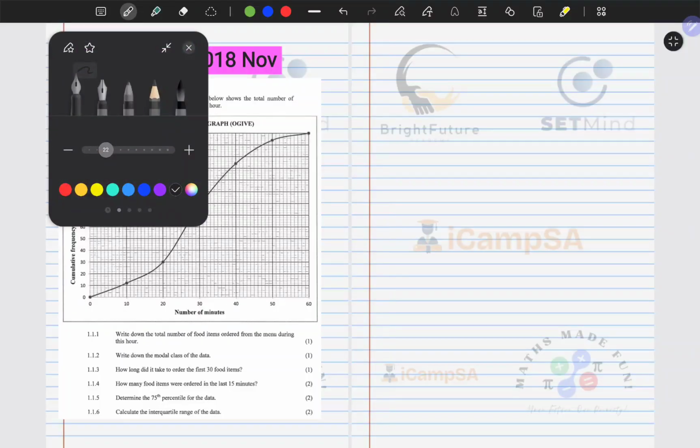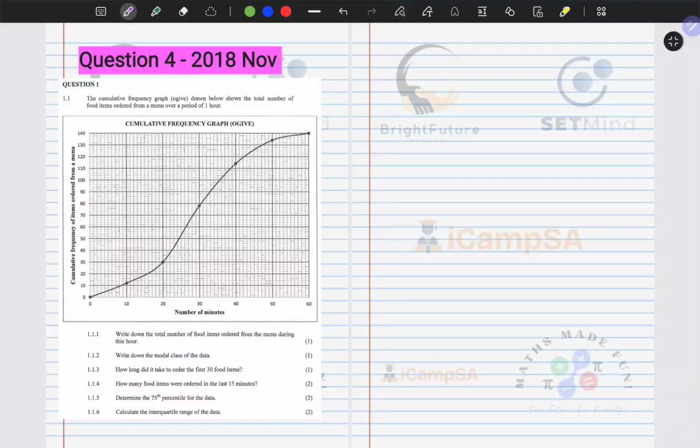So for question 4, we're given our Ogive curve, and we are required to write down the total number of food items ordered. So what you should remember is that the total number, you actually find it here. So what we see there, which is 140, that becomes the total number. Okay. So 1.1.1.